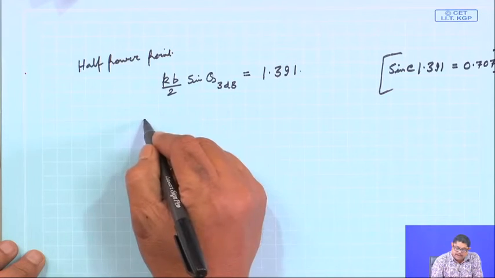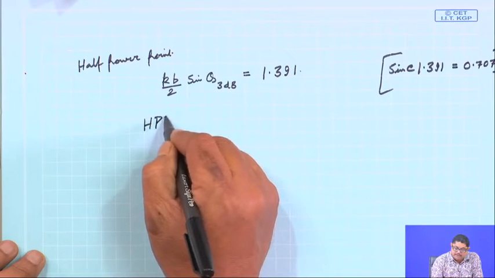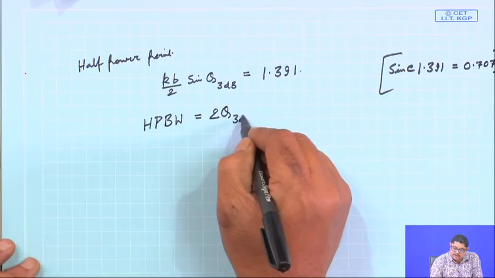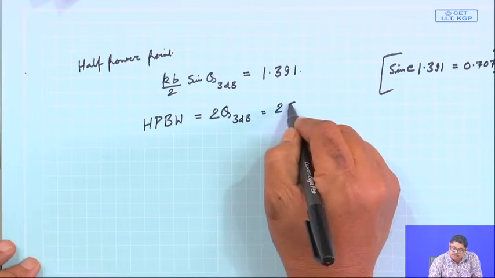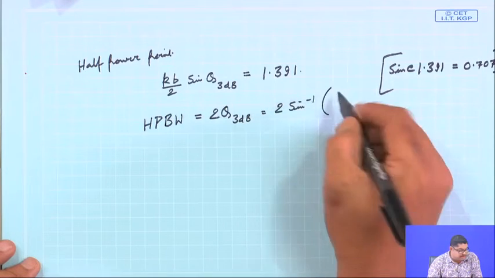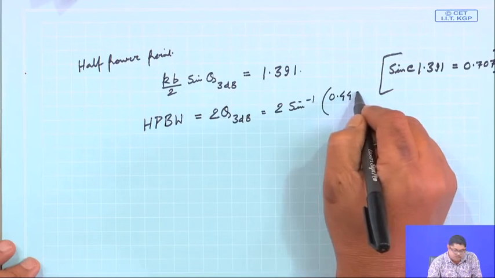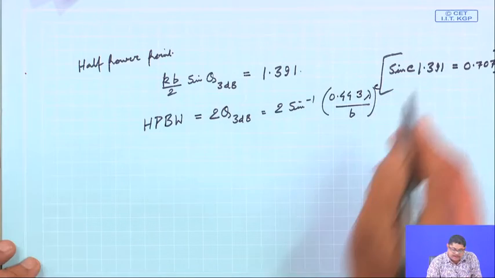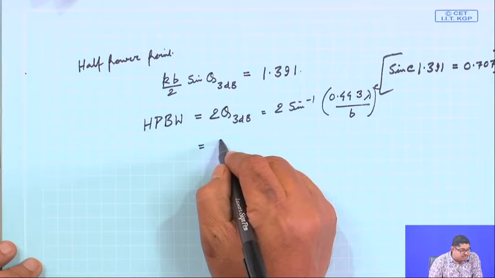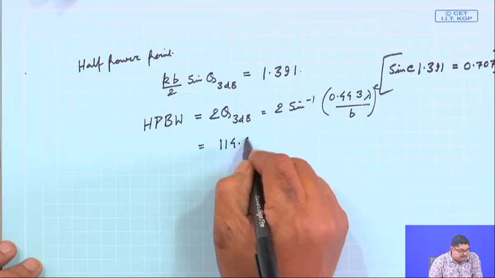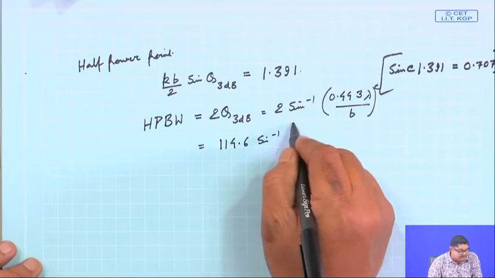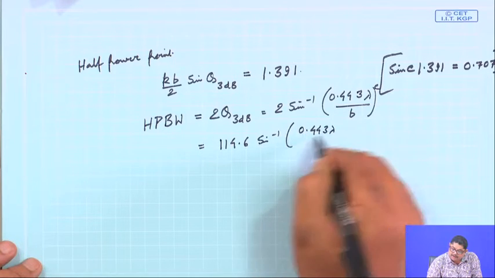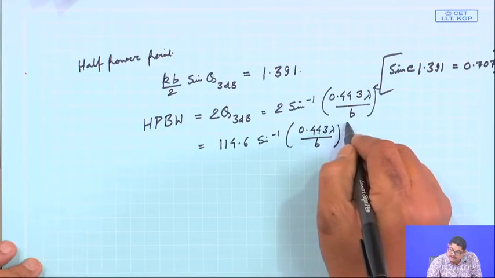I knew this, that is why I wrote that 1.391. So, from there you can now write the half power beam width, that will be 2 into theta 3 dB, and that is 2 sin inverse 0.443 lambda by B in radian, and that will turn out to be 114.6 sin inverse 0.443 lambda by B in degrees.